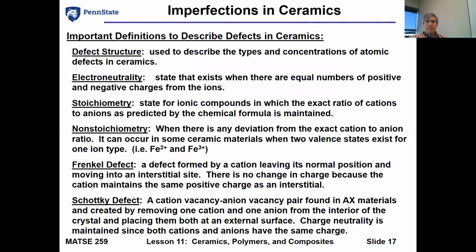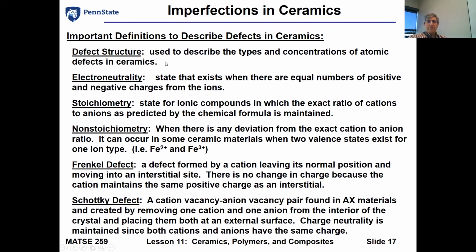We keep stoichiometry. Stoichiometry is where we keep that exact ratio of cations to anions. So something that's stoichiometric has the same number of cations to anions as the chemical formula. You can deviate from that, and that's called non-stoichiometry. Some ceramic materials, especially those with different valence states, and a great example is iron, which exists in multiple valence states, can have the structure change, and we really want to maintain electroneutrality.